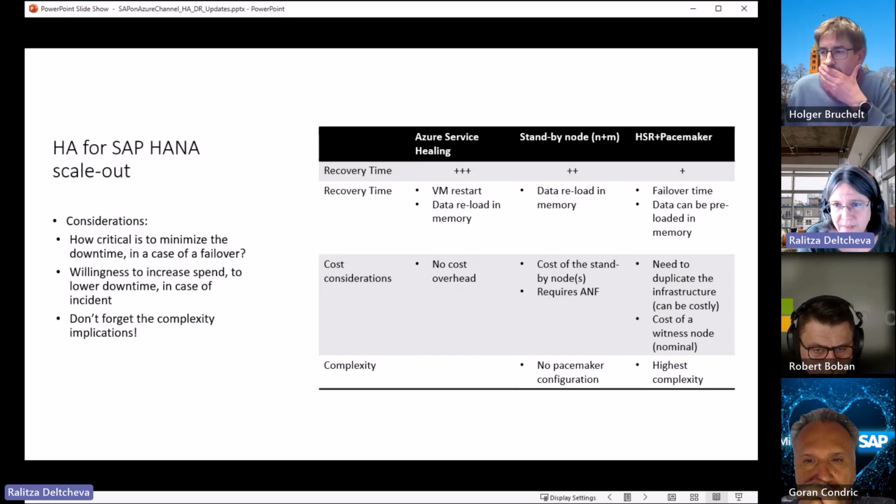How important is the recovery time at application level? The cost, of course, nobody has unlimited budget, and complexity.